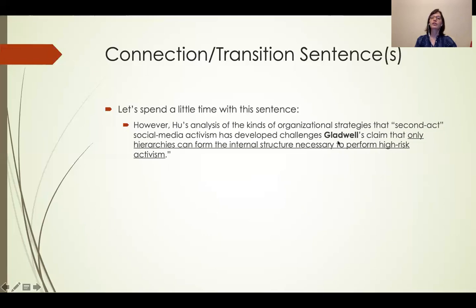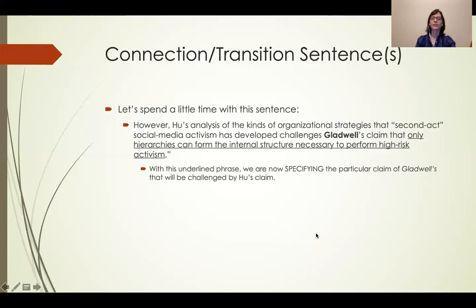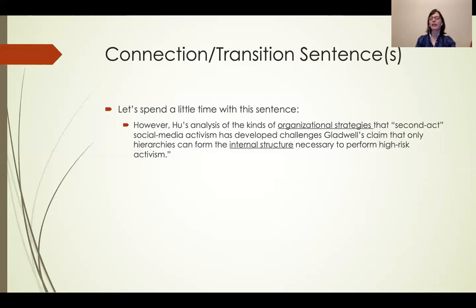Okay, and then we shift over. So the particular claim from Gladwell that we're focusing on is that only hierarchies can form the internal structure necessary to perform what he calls high-risk activism. Okay, and so again, we're specifying that particular claim to help make our connection as specific as possible. Okay, so now what I've done is underline the core parts of Hugh's claim and Gladwell's claim.